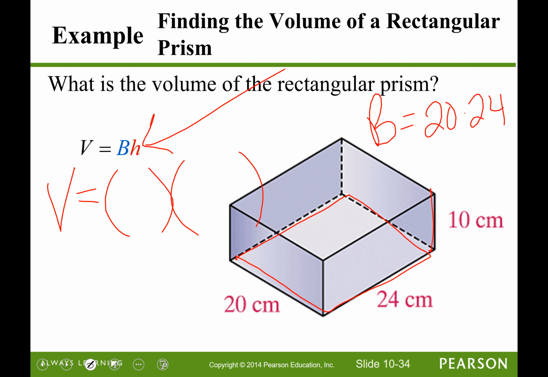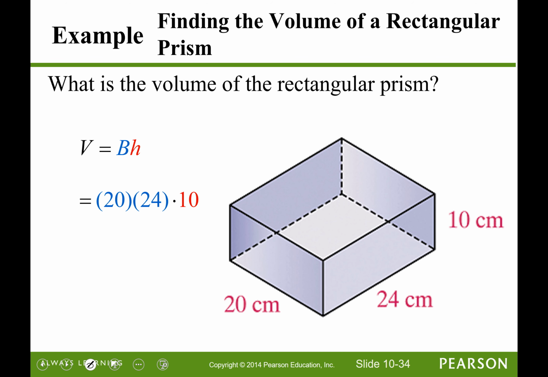And then this right here would be the height, lowercase h equals 10. So filling those in would look like this. Then we do our simplifying, and it turns out that it would take 4,800 cubic centimeters to fill that rectangular prism.